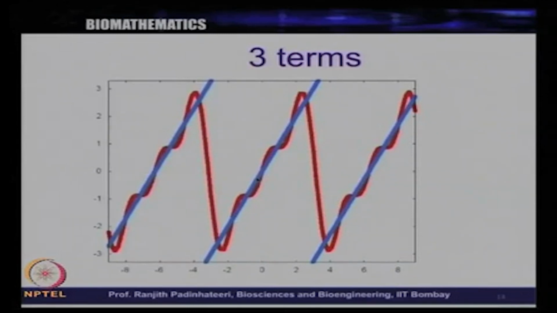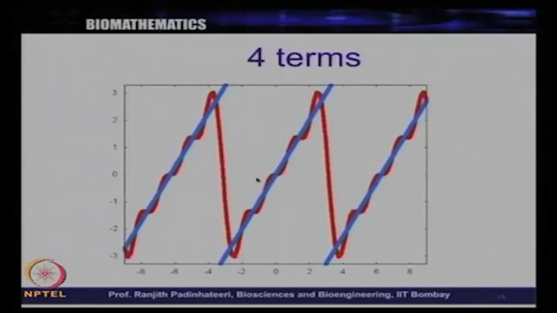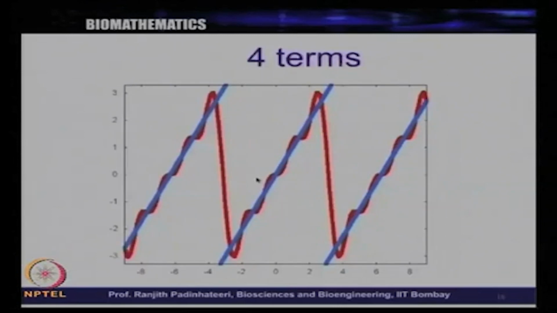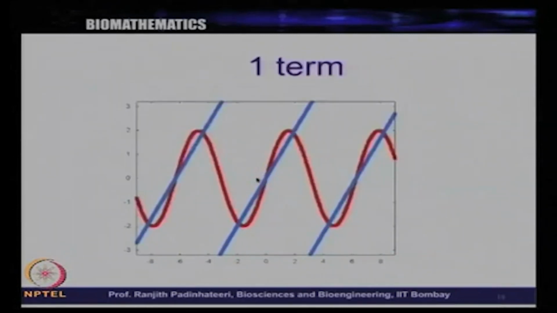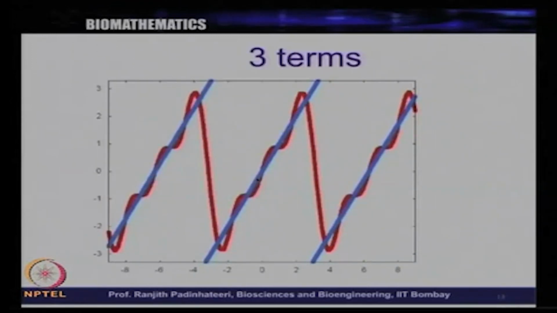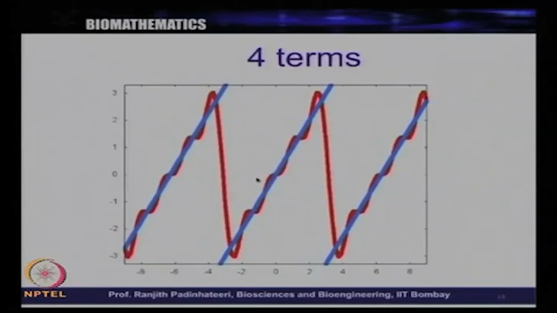Similarly, if you add one more term, you get 4 terms. So, 4 terms is further better. 5 terms is much better. So, the more and more you add, it was very different. One term was very different, the second term became better, the third term became little more matching with the blue curve. If you add one more term, it became further matching.